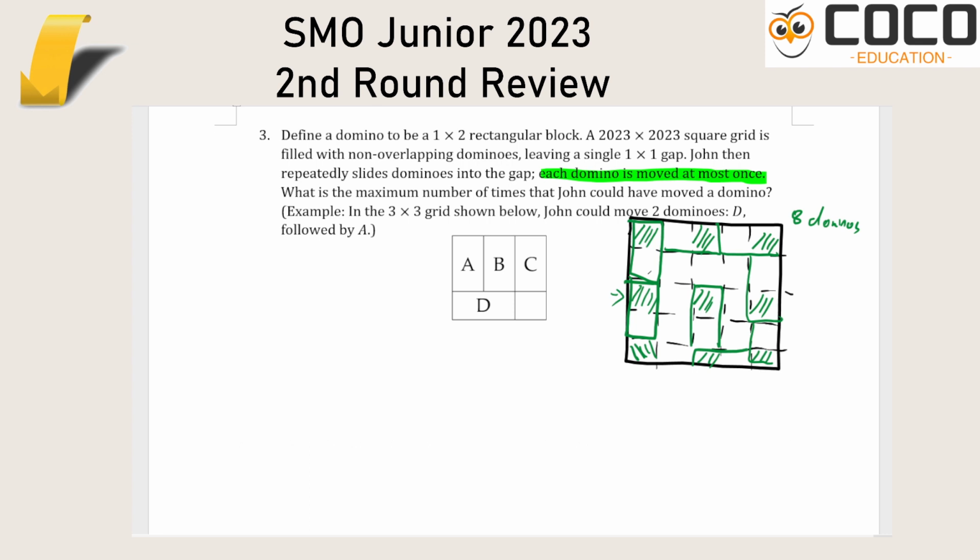Notice where I've shaded all the gaps. This should be interesting because we realize that when you have a gap and then a domino moves in, the new gap will always be exactly 2 squares away.